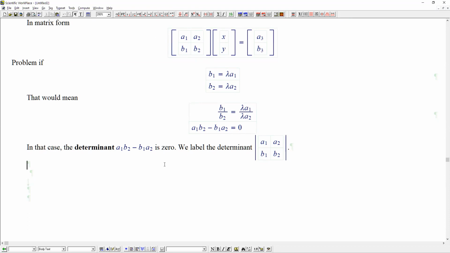Okay, welcome back. So I was about to talk about some properties of the 2x2 determinant.